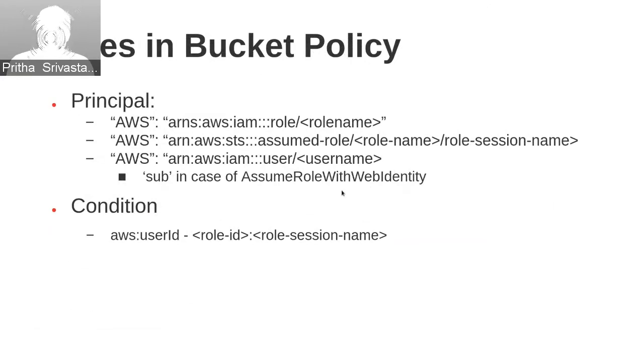User IDs can also be specified in the bucket policy as a principal, and in case of assumed role with web identity, the user ID is based off the sub field in the incoming web token.